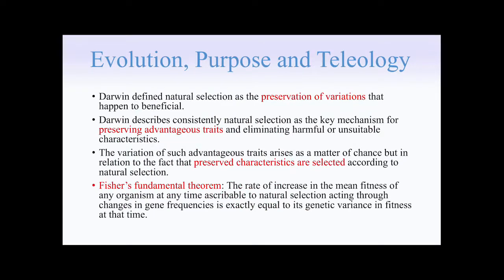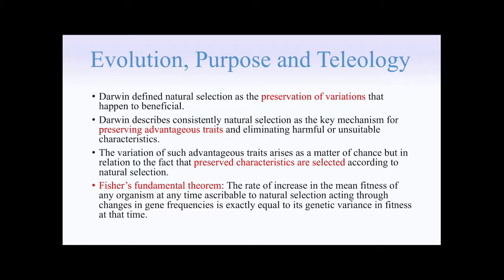Darwin defined natural selection as the preservation of variations that happen to be beneficial. Darwin consistently describes natural selection as the key mechanism for preserving advantageous traits and eliminating harmful or unsuitable characteristics.